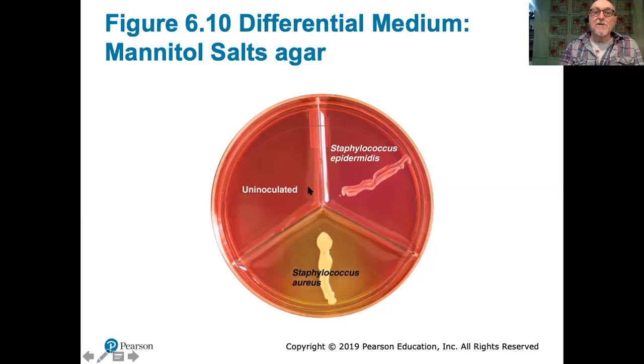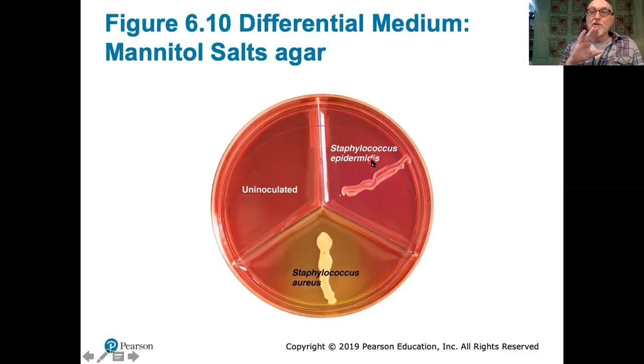This mannitol salts agar is strongly differential because it allows us to tell the difference between the two staphylococci. It is selective because not many other bacteria will grow on it, but it is differential because Staphylococcus aureus here ferments mannitol, and it produces an acid, and it changes the color to yellow.